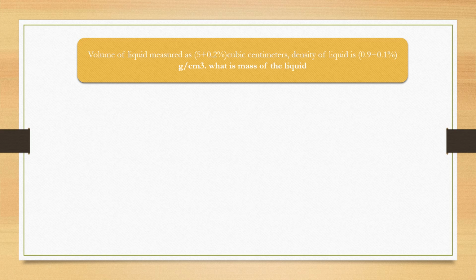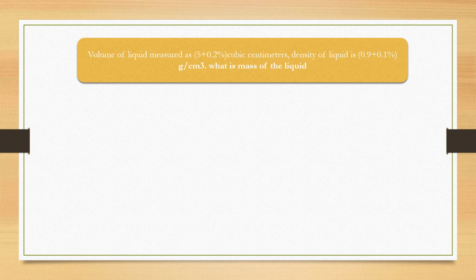Take a look at this problem. The volume of a liquid is 5 ± 2% cubic centimeters. The density of the liquid is 0.9 ± 1% gram per cubic centimeter. What is the mass of the liquid?